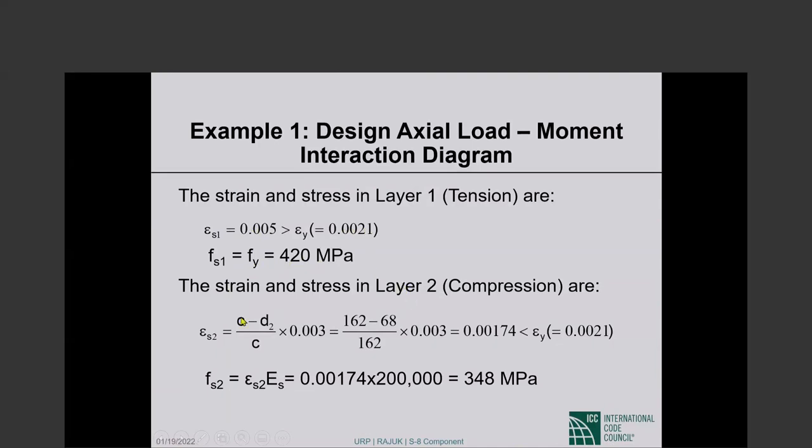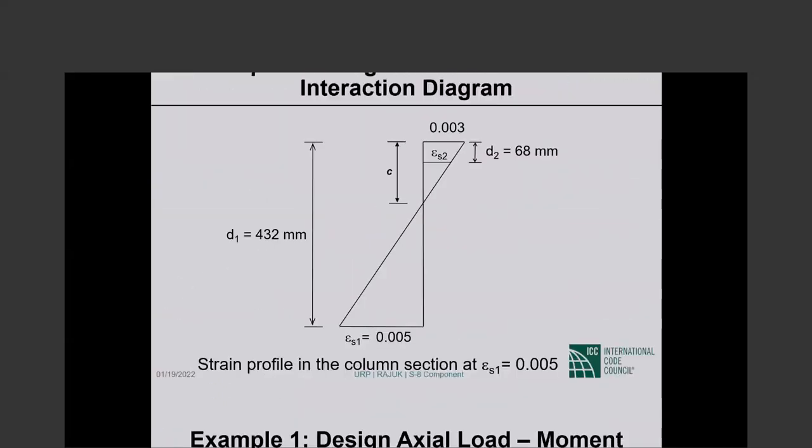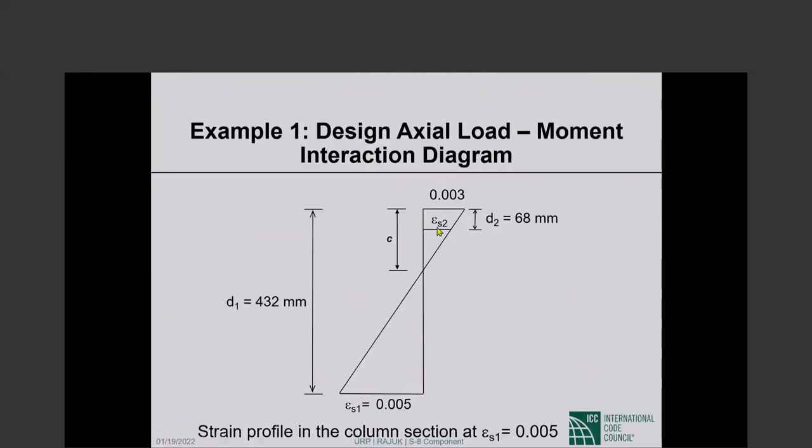In layer 2 by straight line strain distribution, the strain is 0.00174. This is a compression strain. The f sub s2 is that strain multiplied by the modulus of elasticity of the steel, that is 348 MPa. The upper layer of steel is now in compression.